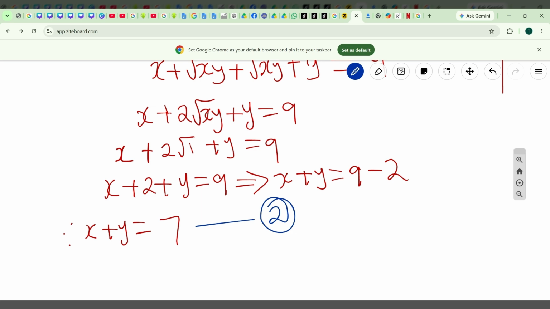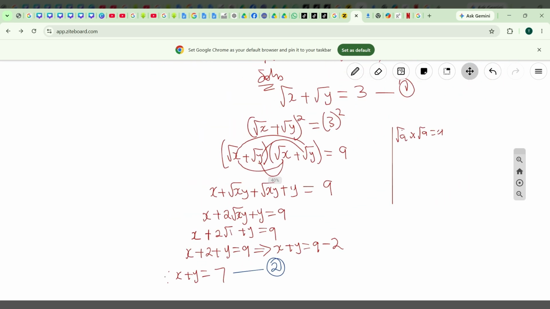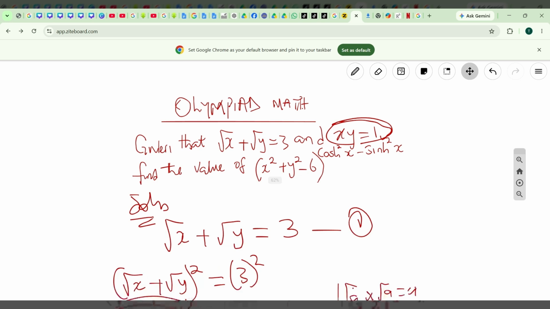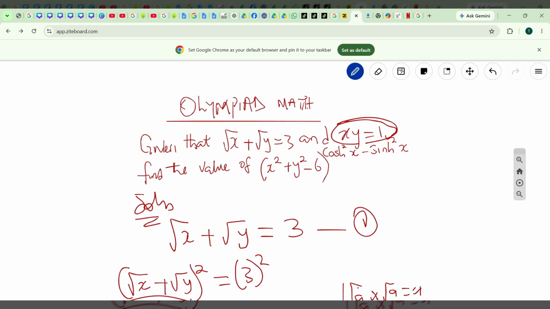But actually, what we need is x squared plus y squared. What we've just found is x plus y, but we need x squared plus y squared. And to find that, it's pretty simple.